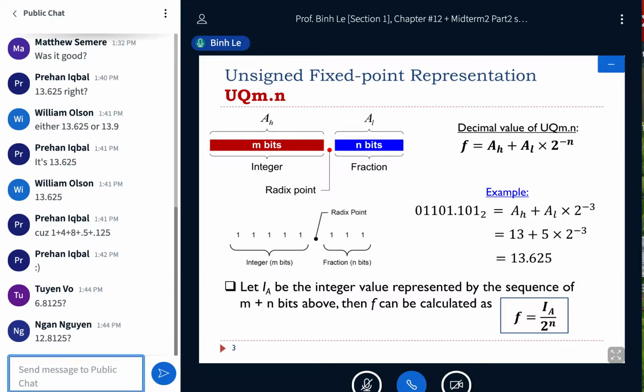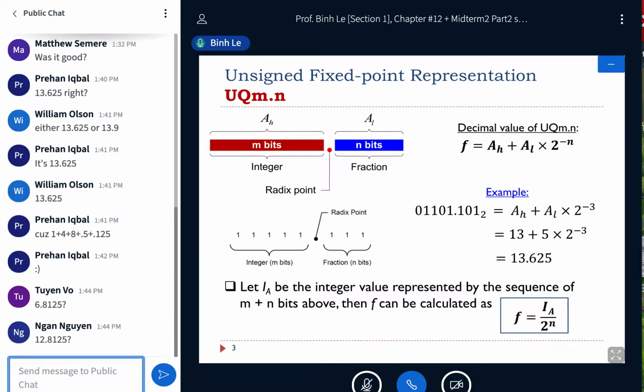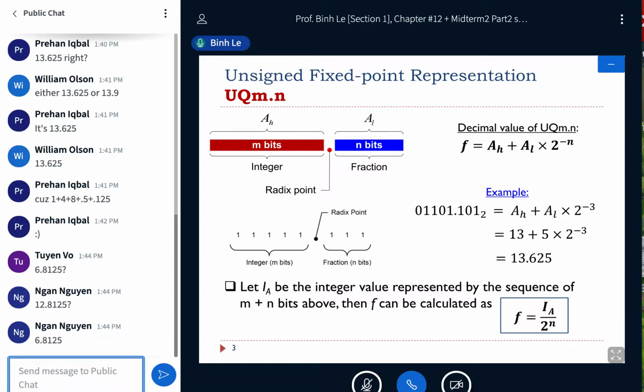First of all, one answer comes from Twin, 6.8 something, another 12.8, and then 6.8 something. Actually, I think that 6 is correct, right? Because if I use 4 bits for the fraction, the binary point is somewhere over here, and the first part over here will be 6.